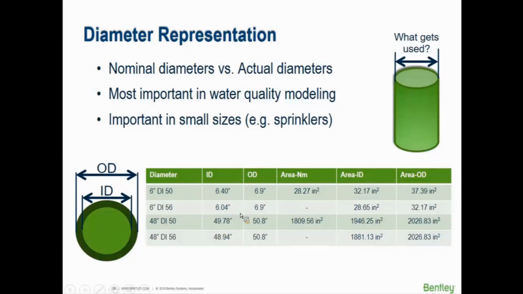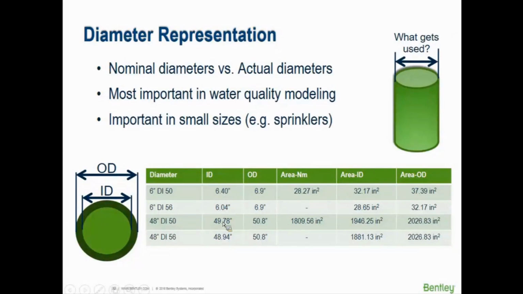And for example here, I've given you a few differences in class of pipe. If you order a 6-inch GI50, that's going to have a 6.4 inside diameter. If you order a 6-inch GI56, 6.04. That one's really close to 6-inch, but the other one's got more capacity.